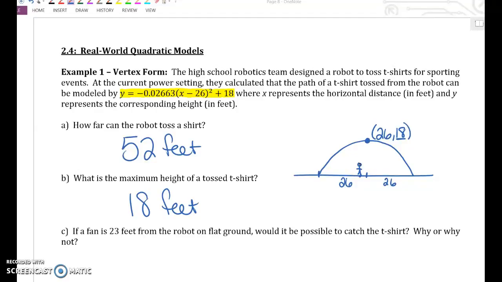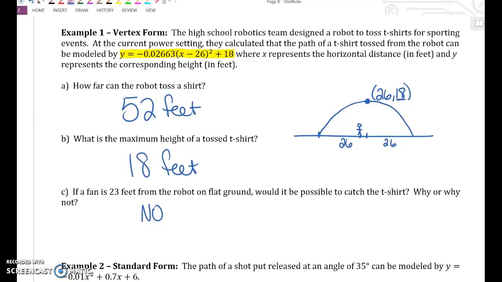Without running toward or away from the t-shirt, just standing there on flat ground, which means no jumping, can they catch the t-shirt? No. Not unless they're almost 18 feet tall with their arms stretched out. So, why or why not?